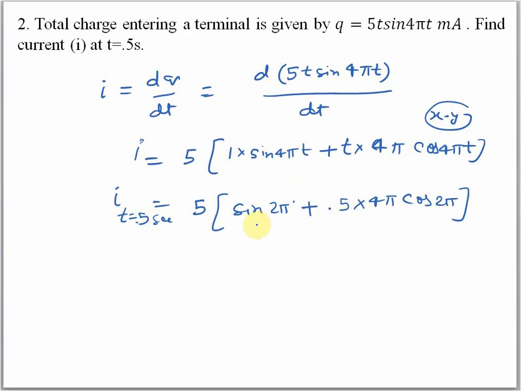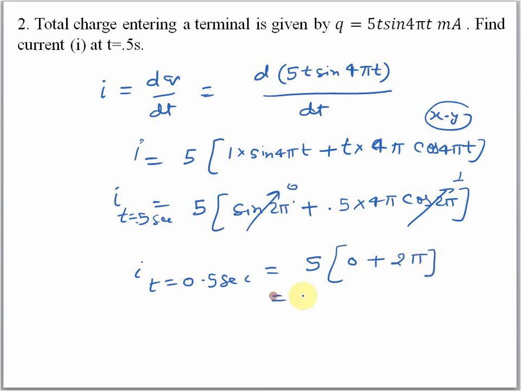We know that the value of sine 2 pi equals 0 and cos 2 pi equals 1. Then i at t equals 0.5 second is 5 into 0 plus 0.5 into 4 pi, which equals 2 pi, and the final answer is i equals 5 into 2 pi, 10 pi. This is the current value at t equals 0.5 second.